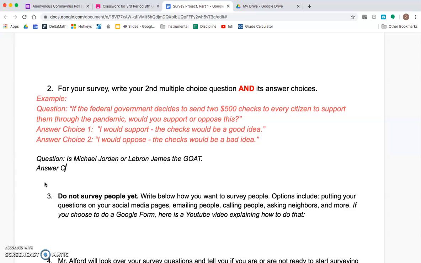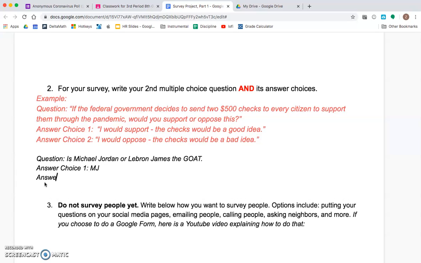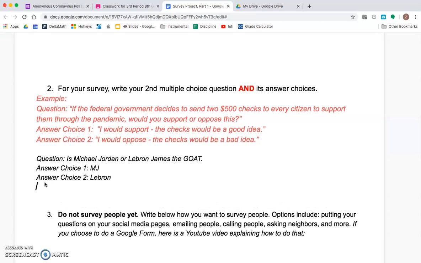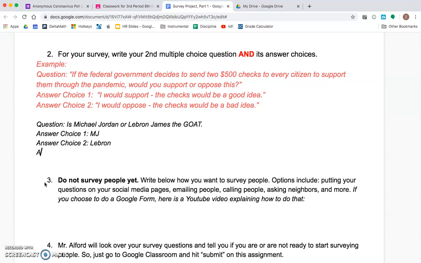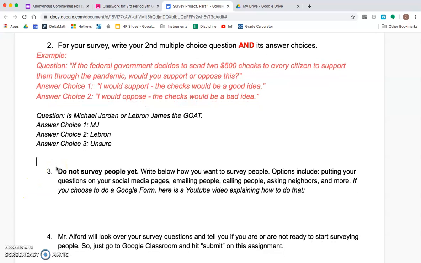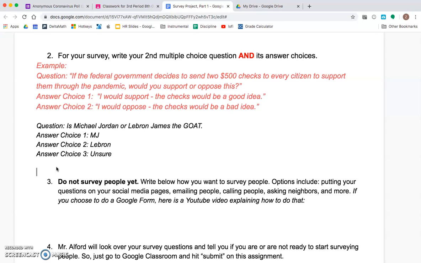Answer choice 1, MJ. Answer choice 2, LeBron. Or you could have answer choice 3 be like unsure. Okay. You can have more than 2 answer choices, but you need to have at least 2.